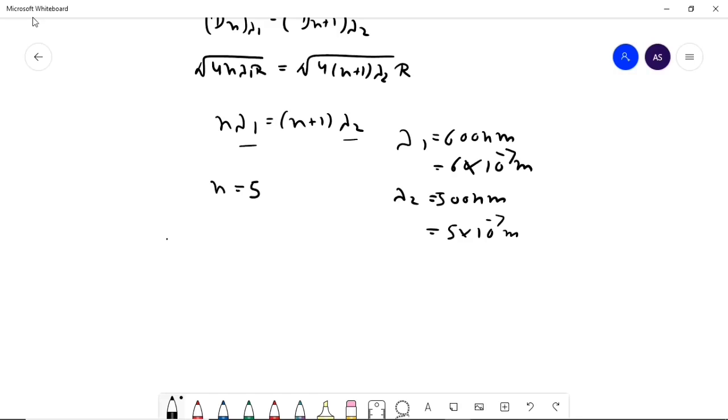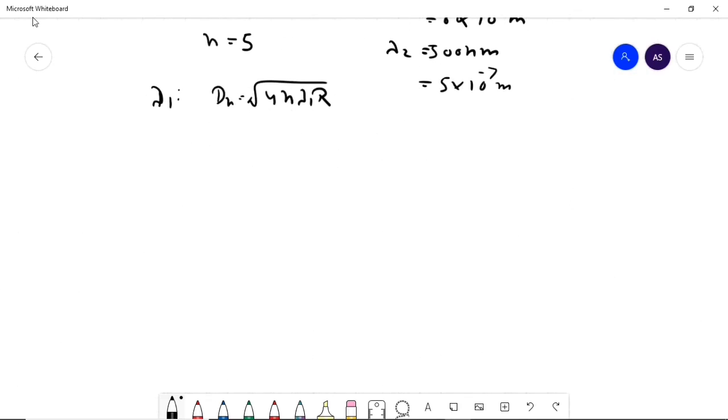The diameter due to lambda 1 is equal to the square root of 4n lambda 1 R. Everything is given: n is 5, lambda 1 is 6 into 10 to the power minus 7, and R is given as 90 centimeter, which you can convert to 0.9 meter.